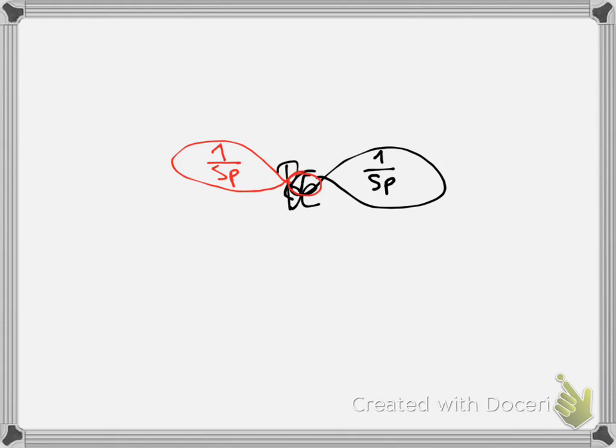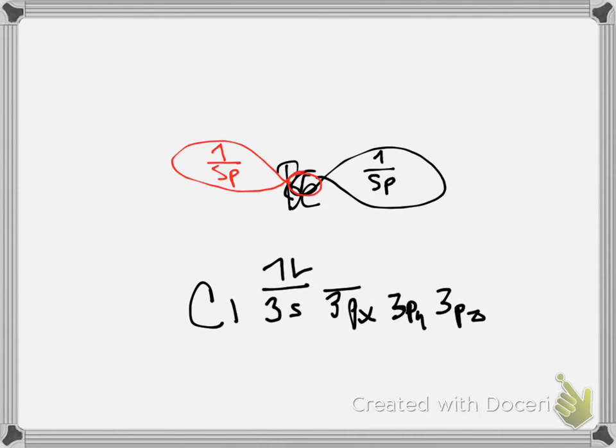So now our chlorine comes along. Chlorine, what's chlorine on the third? 3s, 3px, 3py, 3pz, 1, 2, 3, 4, 5, and it's missing one.